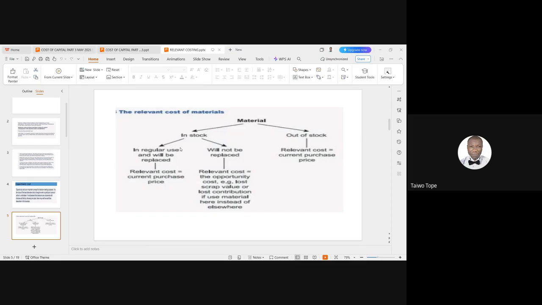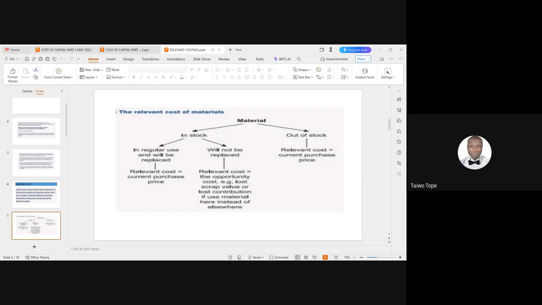So where you have the material in stock and will not be replaced, what will happen? Maybe the question is telling you that the material has no alternative use. Where the material has no alternative use, what will be the relevant cost?